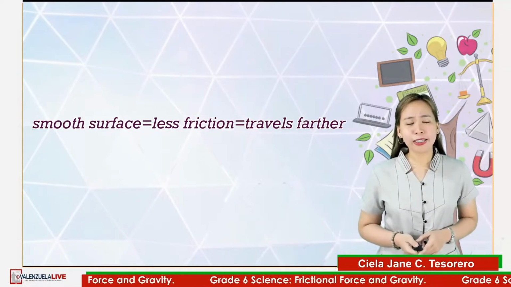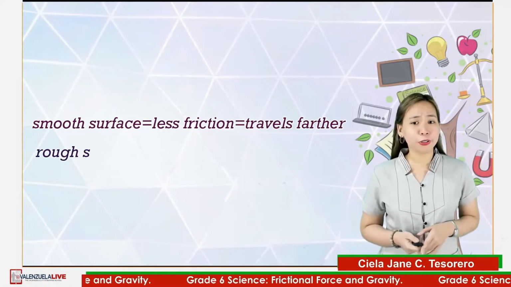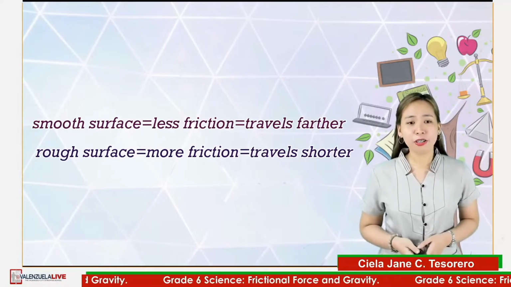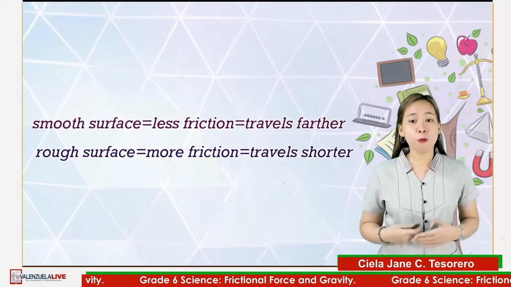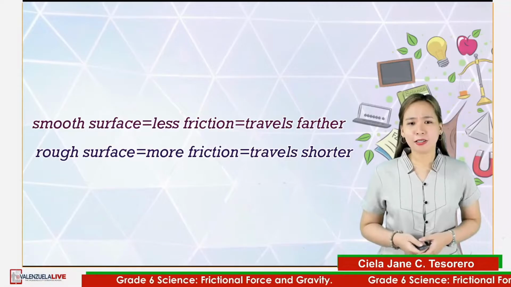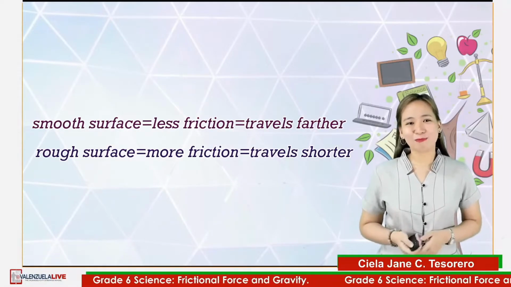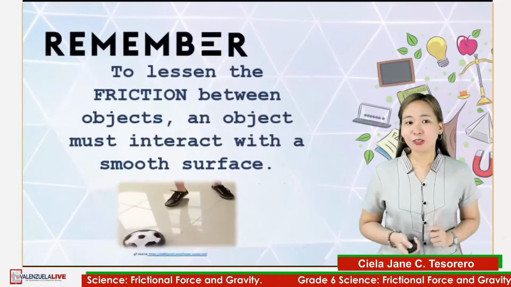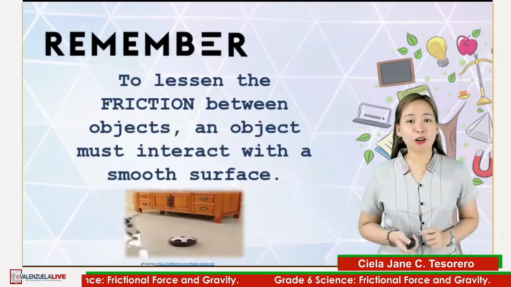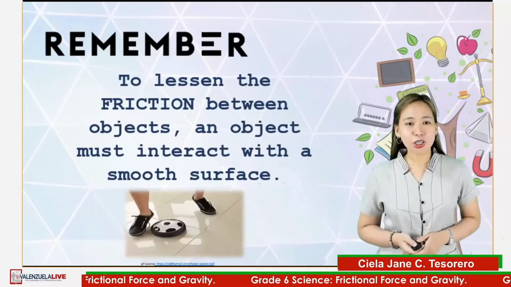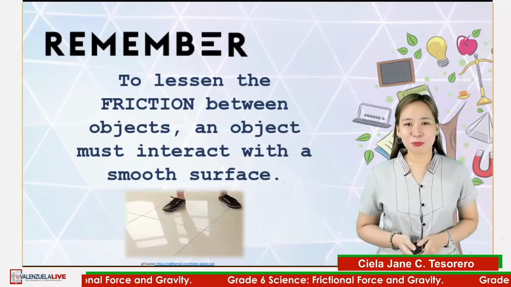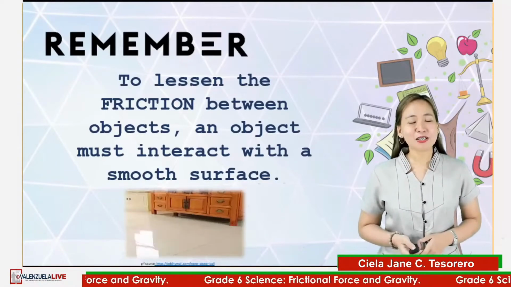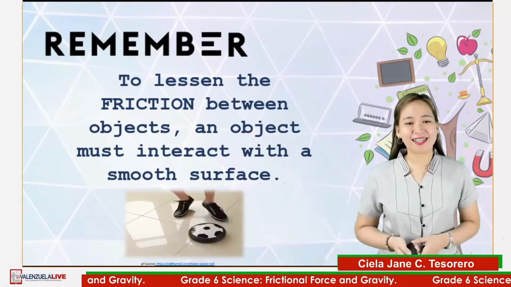That is why it can travel farther compared to the object moving on a rough surface, which has more friction, making it travel shorter. So remember, if we want to lessen the friction between objects, an object must interact with a smooth surface. So friction is of different kinds.